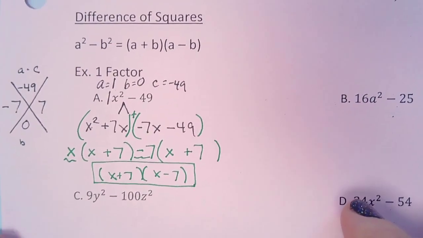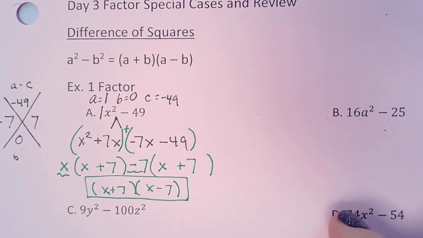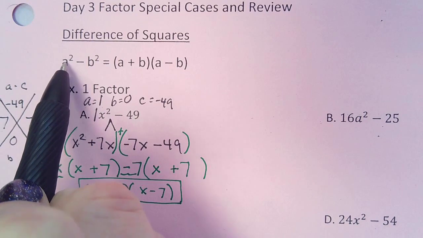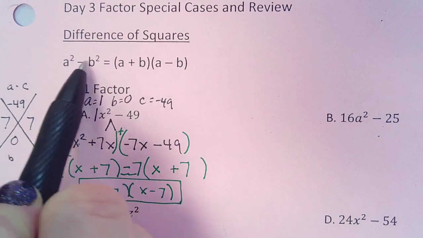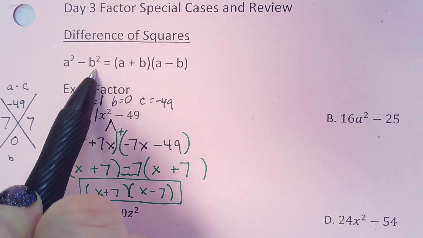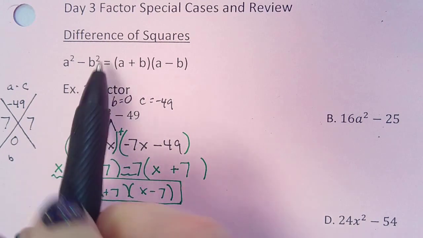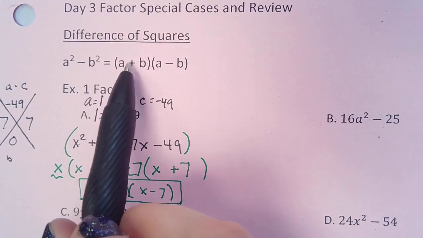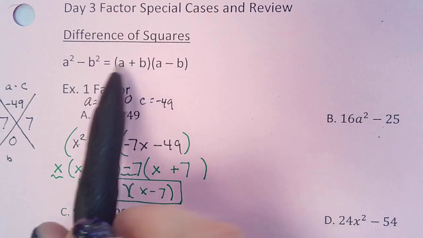These difference of squares will be something squared minus something squared. So they'll both be perfect squares. And it will end up being the first plus the last, times the first minus the last. So let's look at this one.